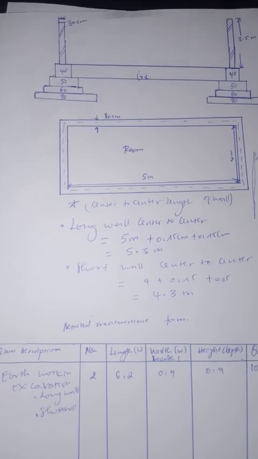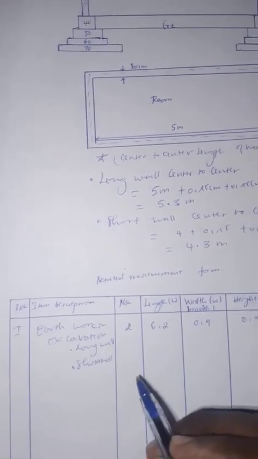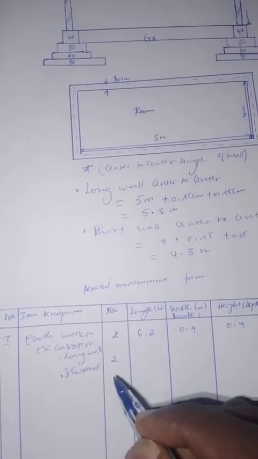As we use the different units, it is cubic unit. By short wall, the number is equal to 2 walls.